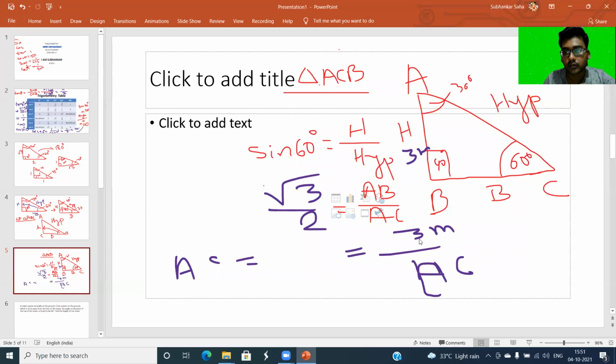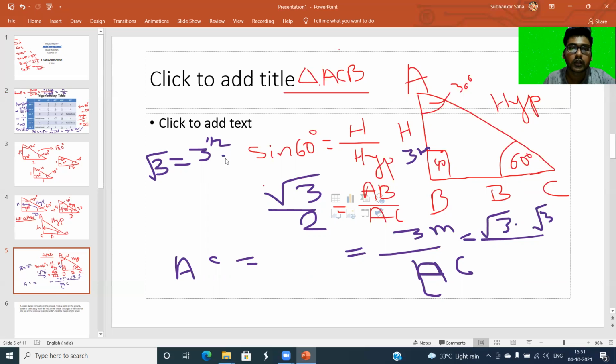AB by AC. So 3 meter is equal to root 3 into root 3. Root 3 means what? 3 by half.